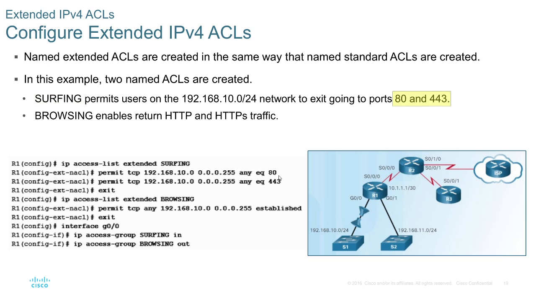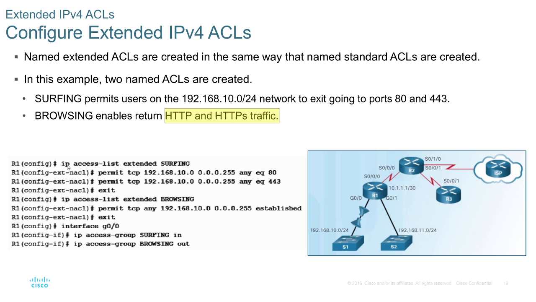So this is the one that is going to permit the outbound traffic going to web servers. And the browsing list is going to allow return HTTP traffic that is going to come as a response to the allowed surfing traffic.